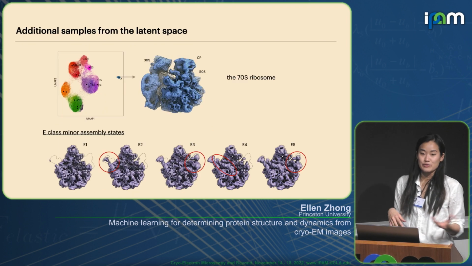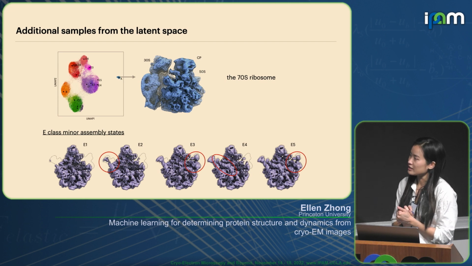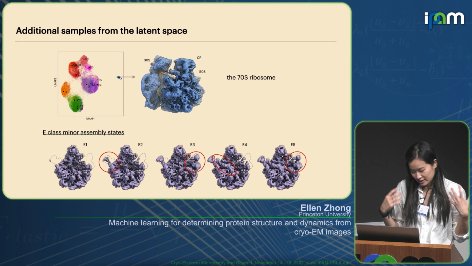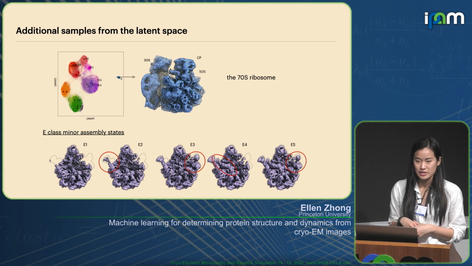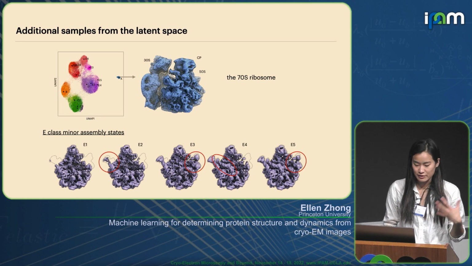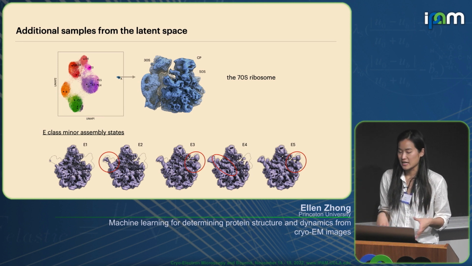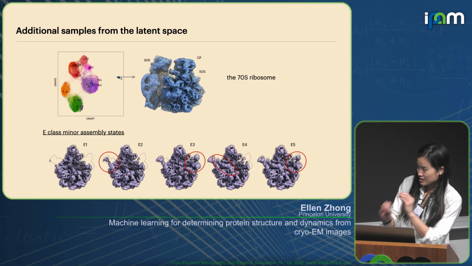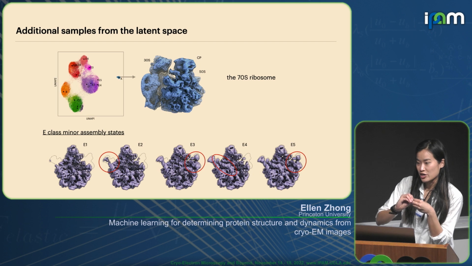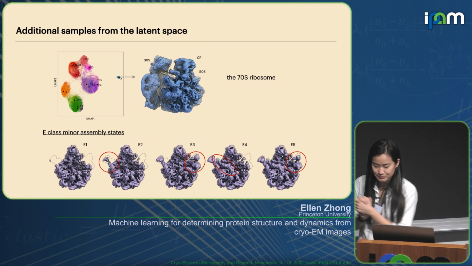We're not limited to just those 4 structures, so that's the beauty of this approach relative to 3D classification. Class A is actually an impurity during sample preparation, which is the 70S ribosome. And so this is mixed in. There's a couple thousand images that were mixed into this data set, and those get separated out very nicely as this tiny blue cluster. And then when we generate the structure at this location in latent space, we get the 70S ribosome.